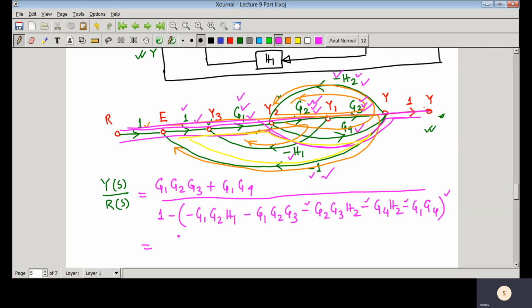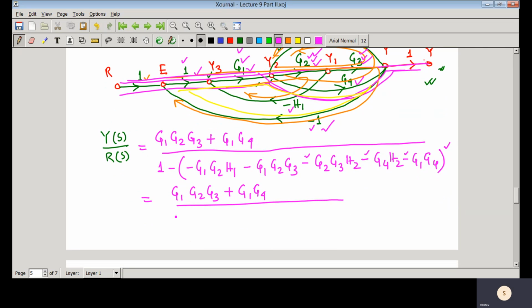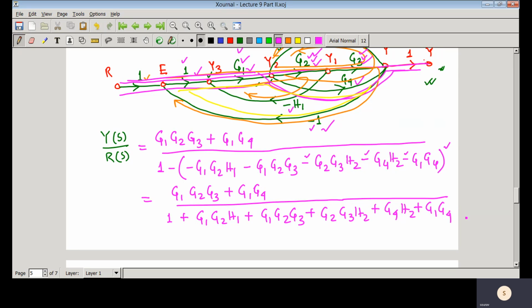Now if you write it, you have G1 G2 G3 plus G1 G4 divided by this whole expression, that is 1 plus G1 G2 H1 plus G1 G2 G3 plus G2 G3 H2 plus G4 H2 plus G1 G4. So this is the transfer function from R(s) to Y(s).